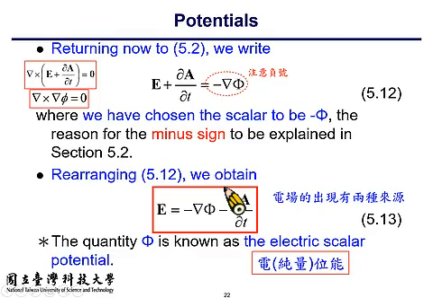So if we substitute this representation, replacing B with the curl of A, we end up with this thing.